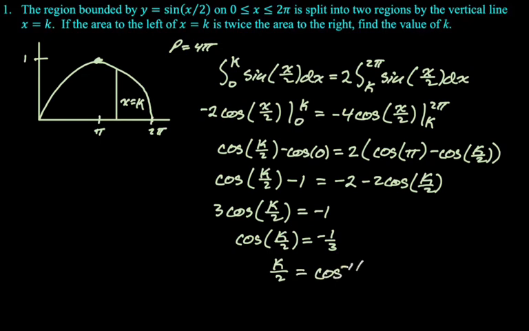The inverse cosine of negative 1/3 is a quadrant 2 angle, so it's somewhere between pi over 2 and pi, which is exactly what I want. So you can do this little picture. We're somewhere over here. So I'm going to say that k is 2 inverse cosine of negative 1/3.